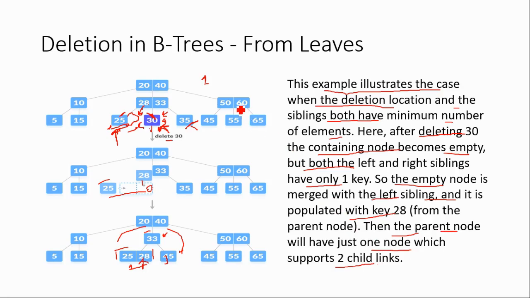Now we could also merge this empty node with the right sibling, which is 35. In that case, we have to bring in the middle element 33.